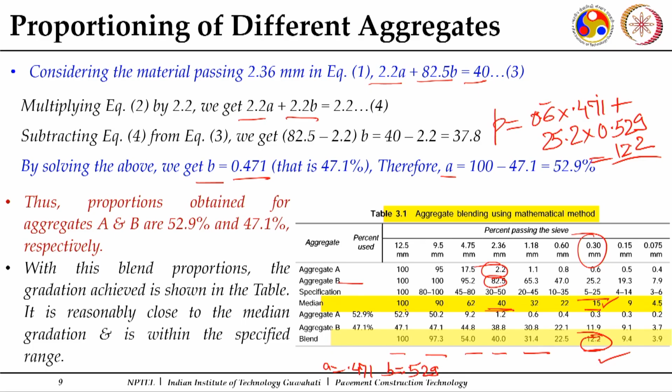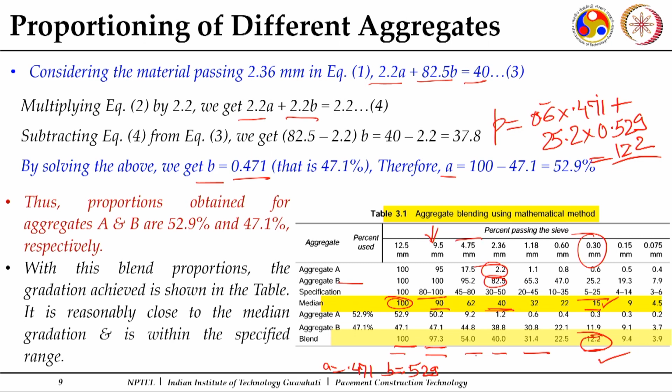Here 100% was my requirement and 100 came. Here the range was 80 to 100, the target was 90, and I got 97.3. So it is a bit finer at this sieve, because I got more percentage passing.